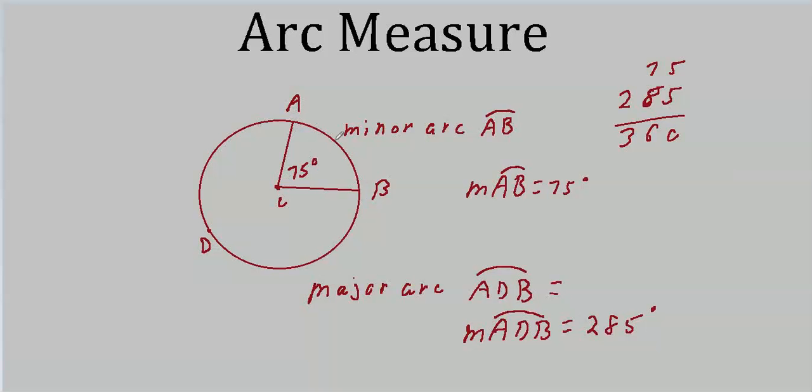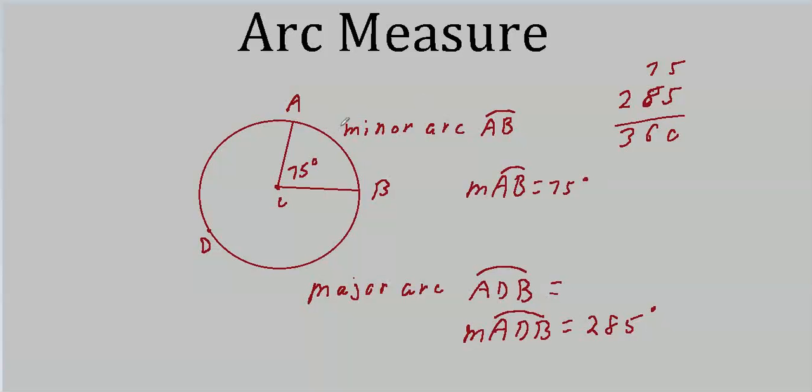Same thing's going to happen when we get around to actually computing the length of this. The bigger the radius for a given angle, the larger will be the length of this arc. But for now, let's just talk about arcs in terms of their degree measure. The angle which they subtend, in other words.